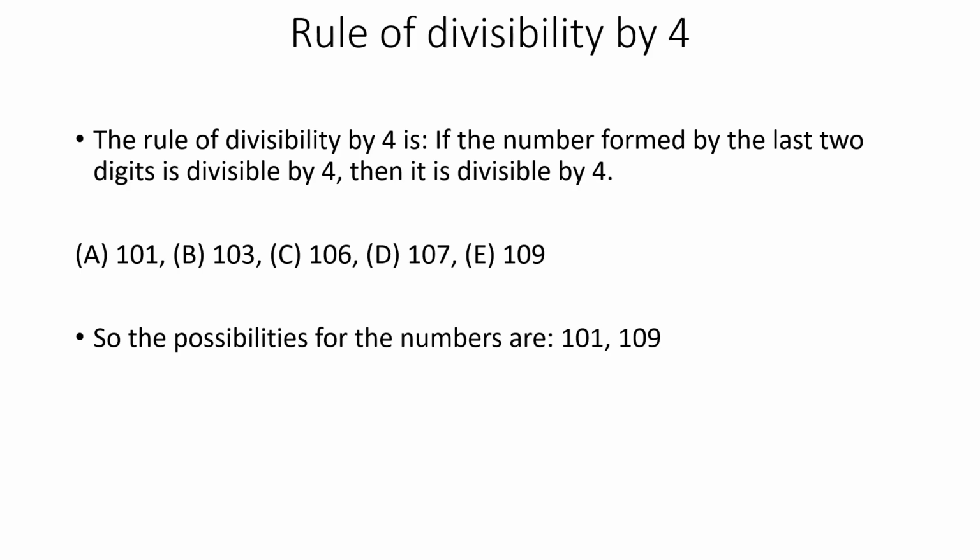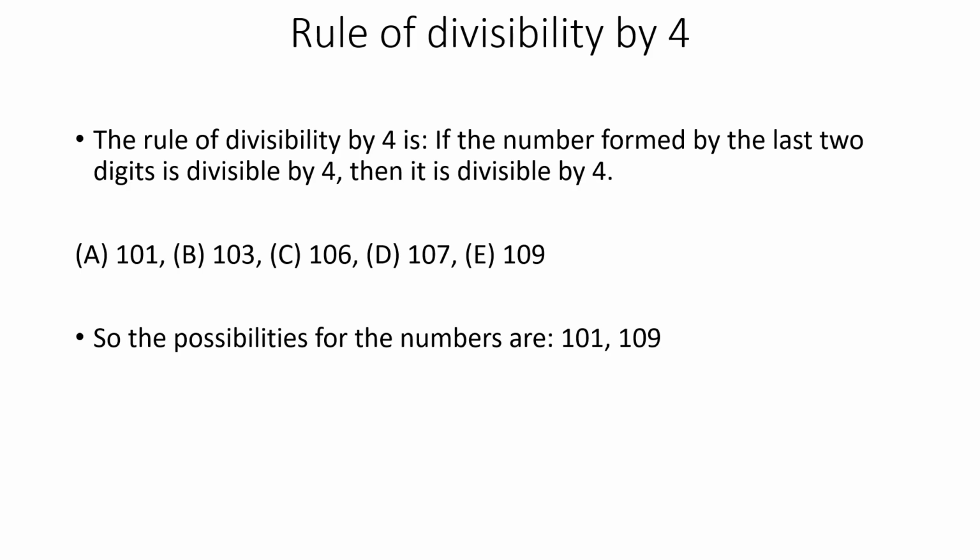Now, if you look back at these 5 options, you can use this rule to rule out some of these numbers. So the initial problem also stated that the number, when divided by 4, gave us a remainder of 1, which means when 1 is subtracted from one of these numbers, it should give us a multiple of 4.